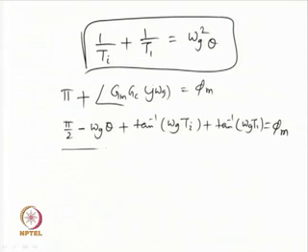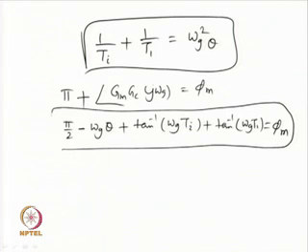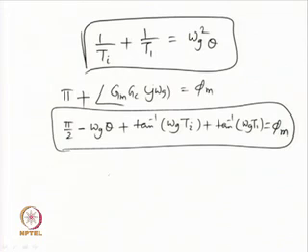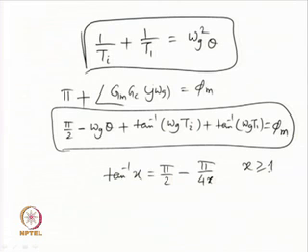Now, it is very difficult to solve this analytical expression unless we make some assumption of the Arctan function. As you know, we are dealing with a nonlinear equation, and it is not possible to solve the nonlinear equation by hand, and therefore, please allow me to make the assumption that tan inverse x is equal to pi by 2 minus pi by 4x for x greater than 1.